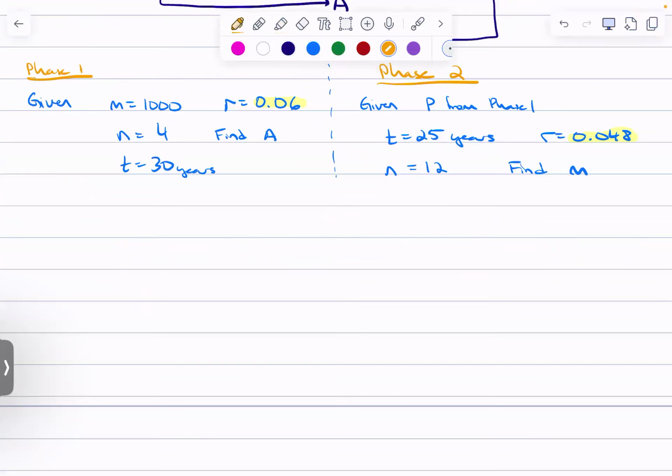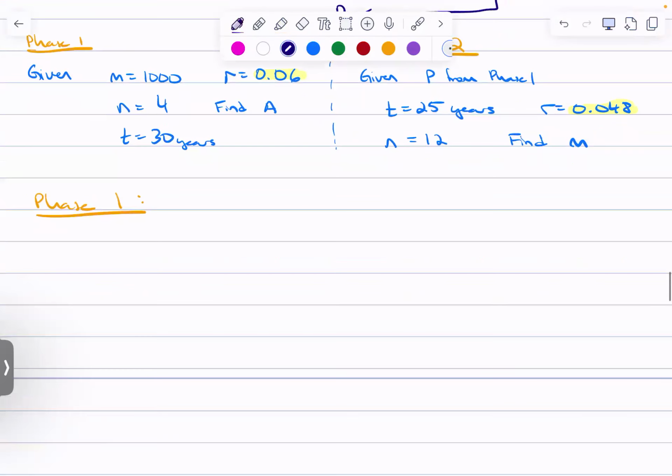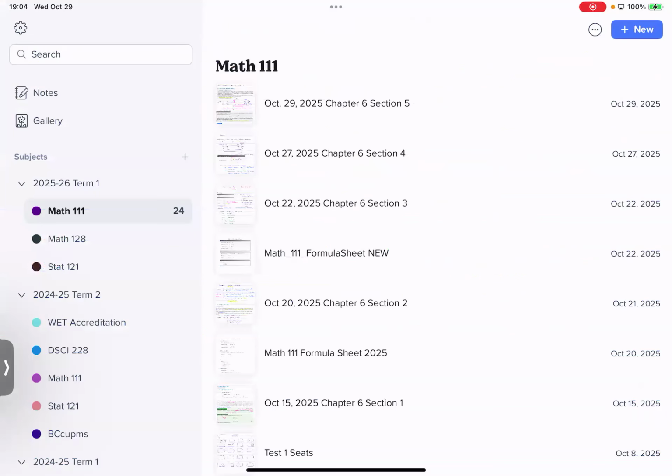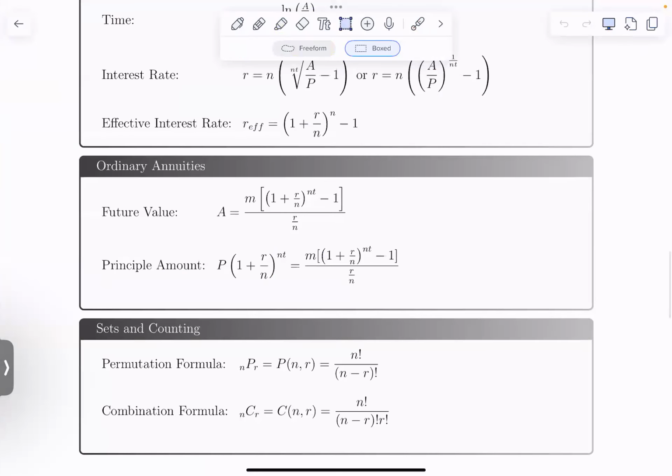Let's start phase one. We have to find phase one first. I have an M and I want to find A. If I want to find A with a regular payment amount, then I know that I want to use this formula here. Right? It's been a while since we used this little guy, right?